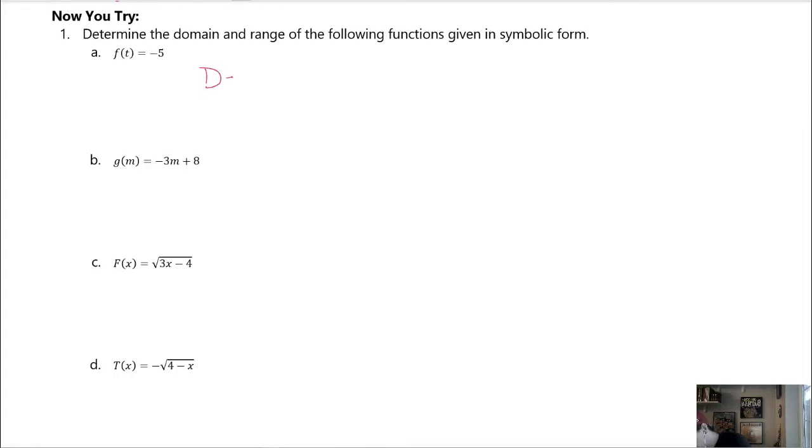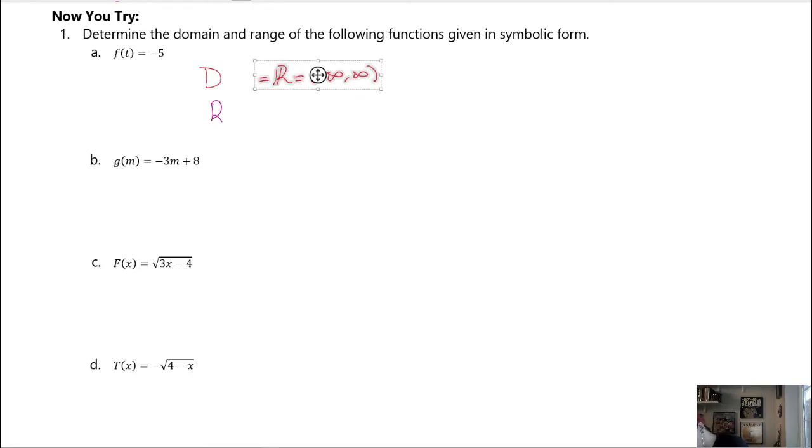Here, the domain of this function is the set of all real numbers, or all the numbers from -infinity to infinity. And this is true because we can plug anything in, and no matter what we plug in, we always get out -5. And continuing on that, trying to be complete and write this word out.